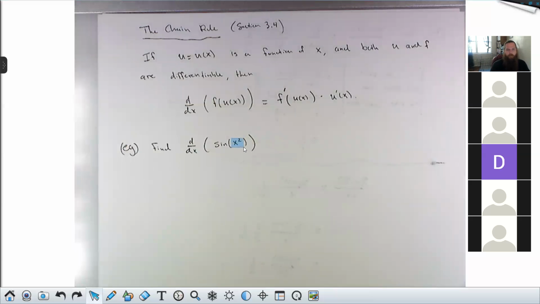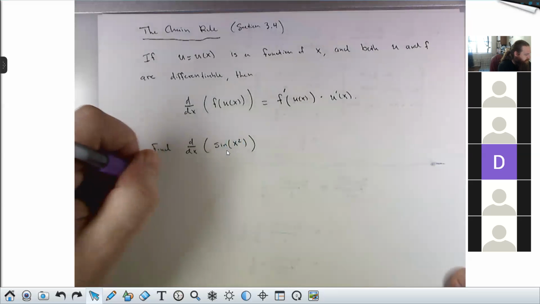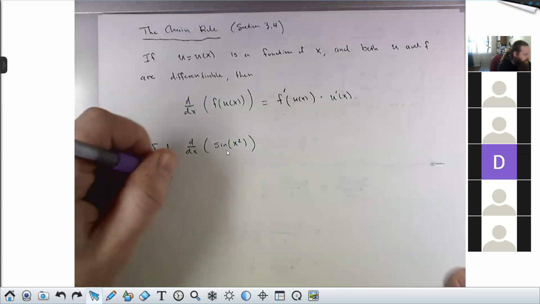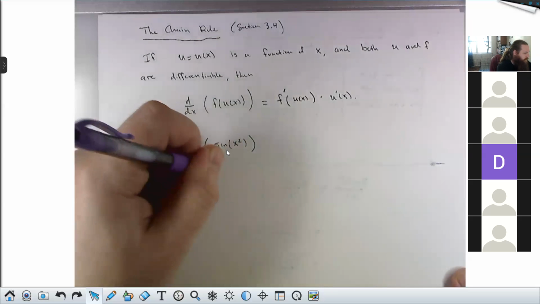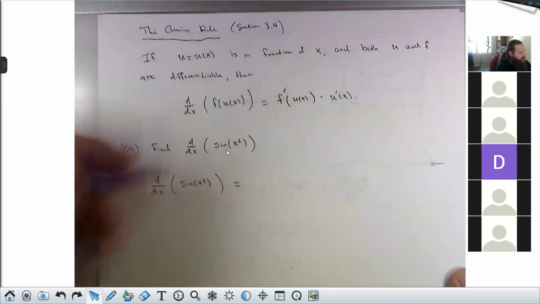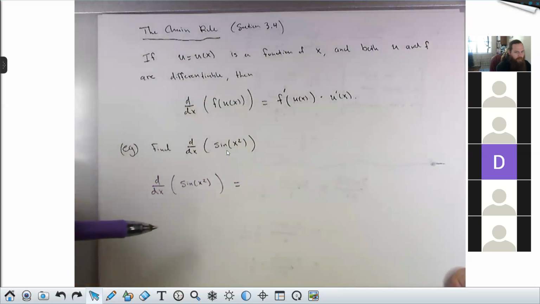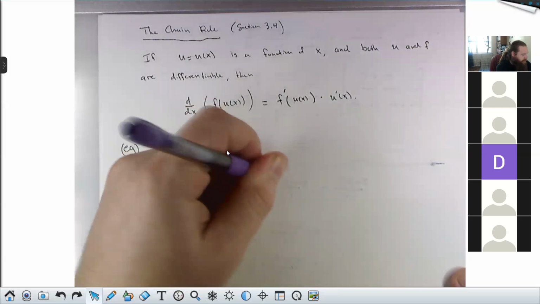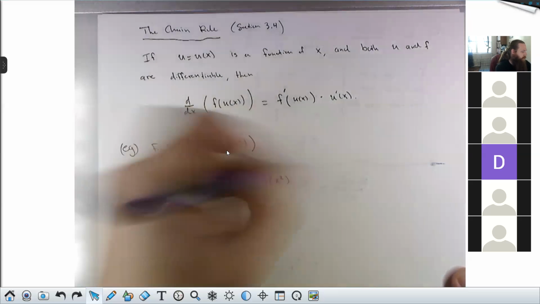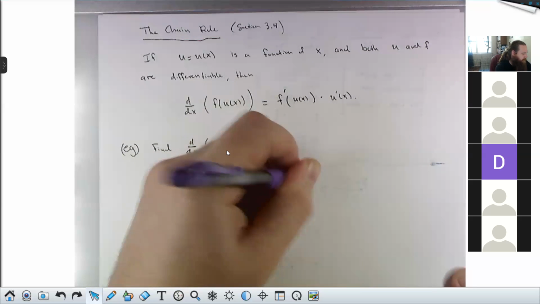Yeah, definitely the inner function here is x squared. And the outer function is sine, right? Yeah. So if I'm going to differentiate this thing, I will differentiate the outer function, leaving the inner function alone. Cosine of x squared. Very good. And then multiply by the derivative of the inner function.